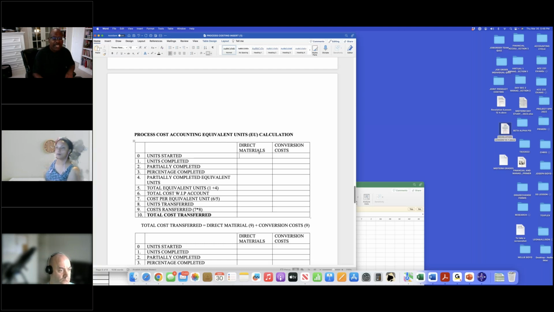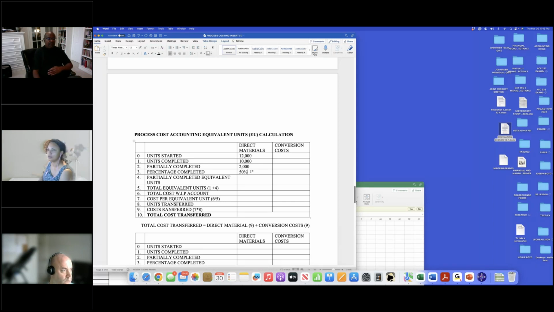How many did we complete? 10,000. How many were partially completed? 2,000. What was their percentage complete? 50%. So they worked 50% of the time.